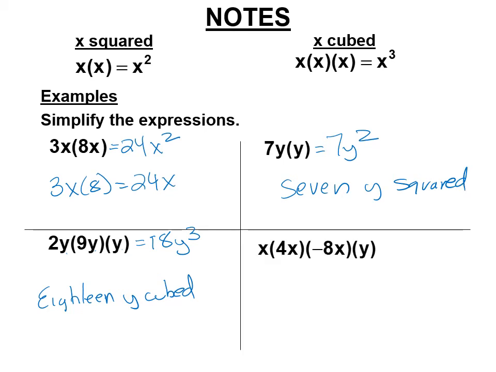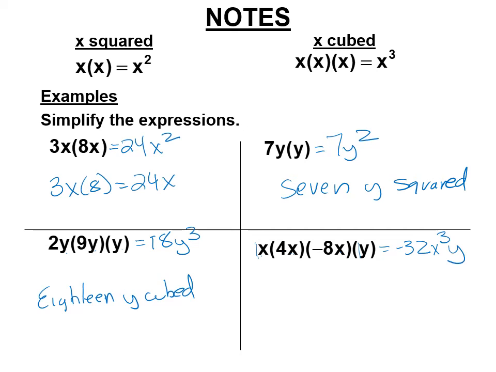Wow, all right, so x times 4x times negative 8x times y, right? You don't need like terms, you can multiply all this. So let's do the coefficients first. So with 1 times 4 times negative 8 times 1. 4 times negative 8 is negative 32. X times x is x, oh, it's x times x times x. There's 3 of them, so it's x cubed times y.